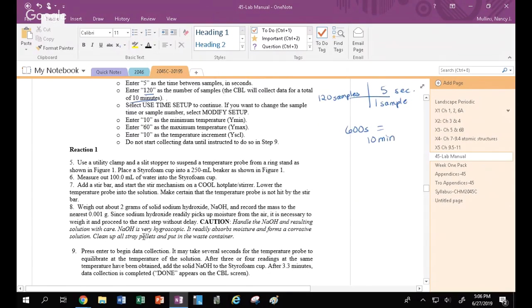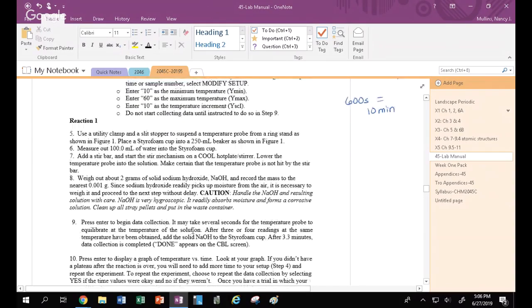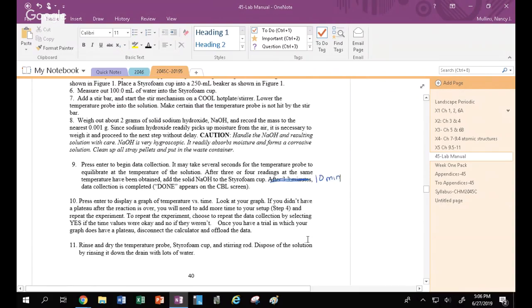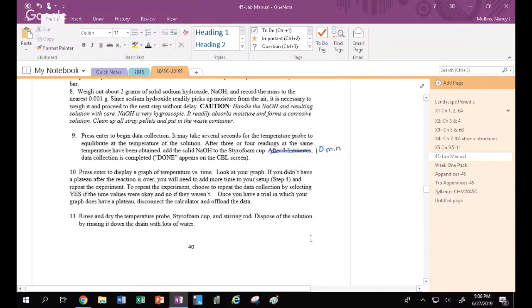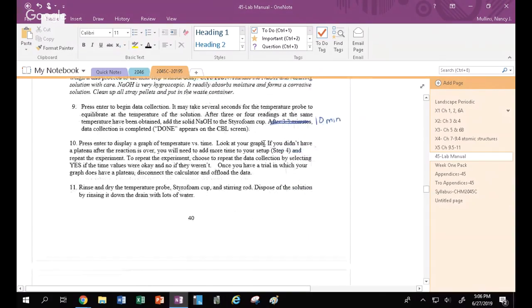I'm doing this for me. Press enter to begin data table, reaction 1. You're right, this one is incorrect. It should be 10 minutes. And again, you want that 10 minutes, because within 10 minutes, you should have a plateau.